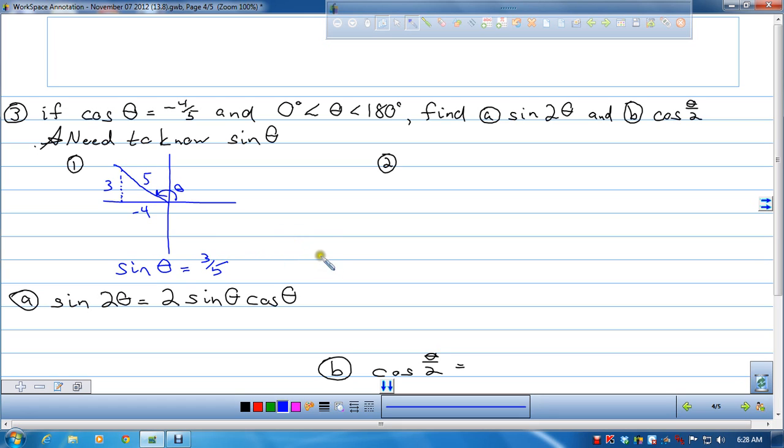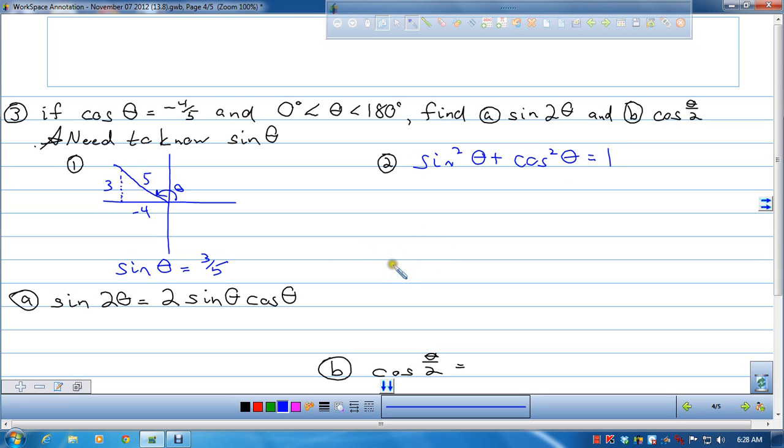Now, that's one way to find it. The other way to find it would be to use the Pythagorean identity, where sine squared plus cosine squared is equal to 1.